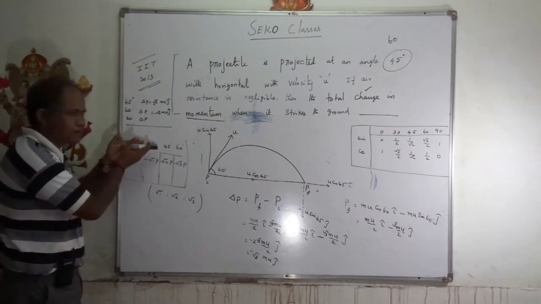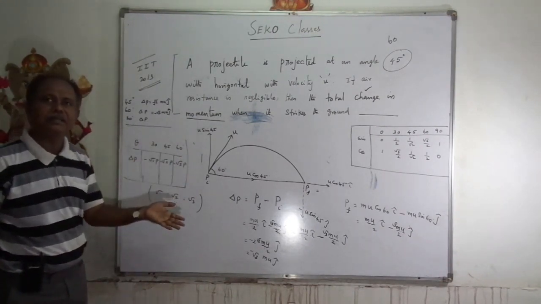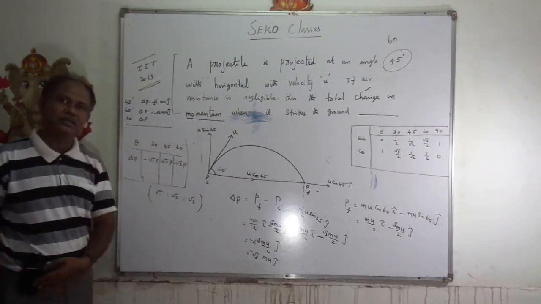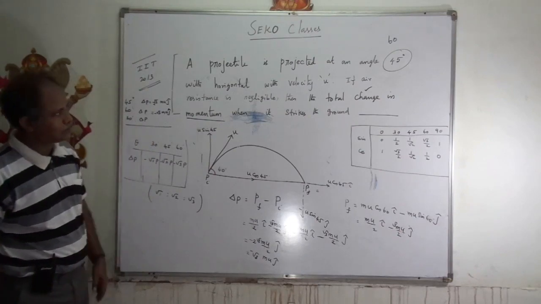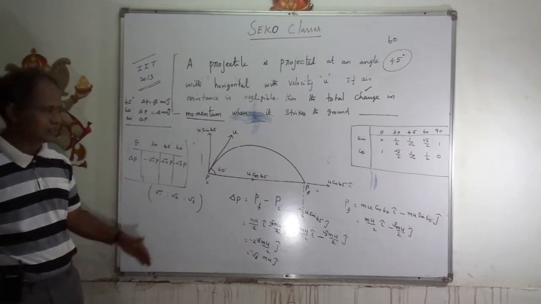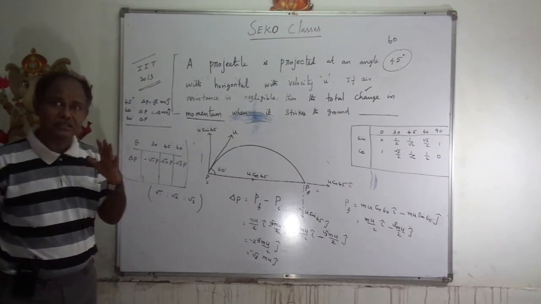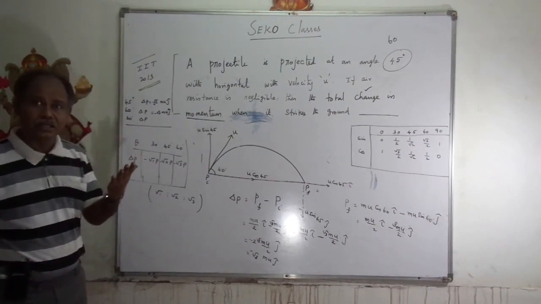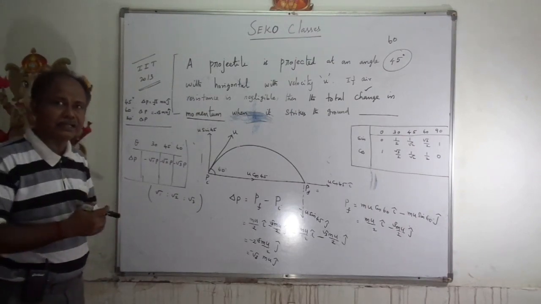But the exact answer is the ratio root 1 to root 3 for change in momentum. This is a shortcut for us to remember this particular concept. In each and every problem I am providing a shortcut. Just remember this shortcut to make your solution short.